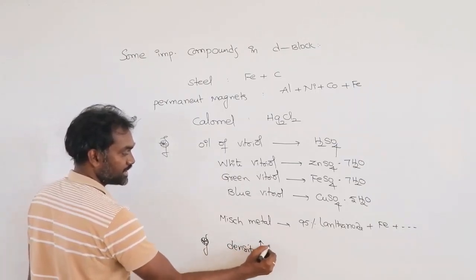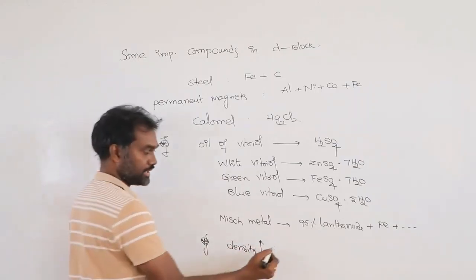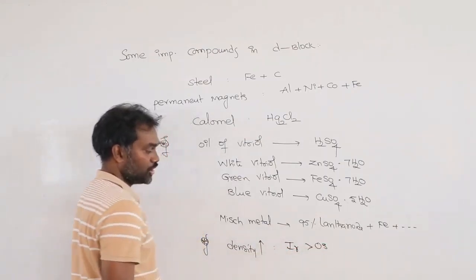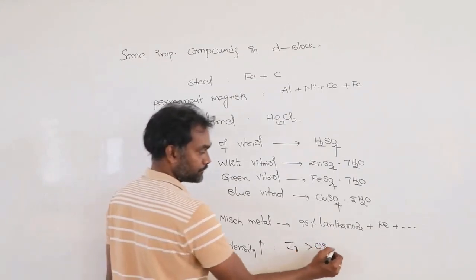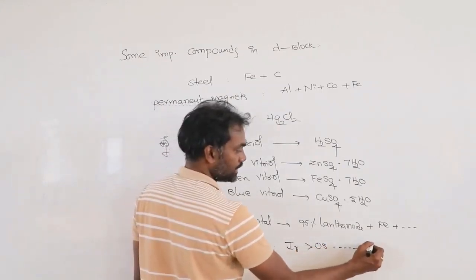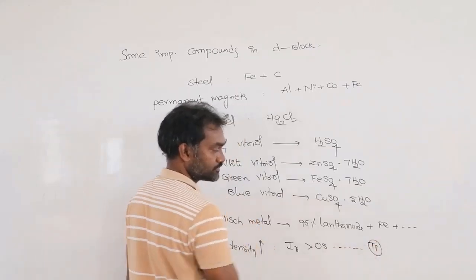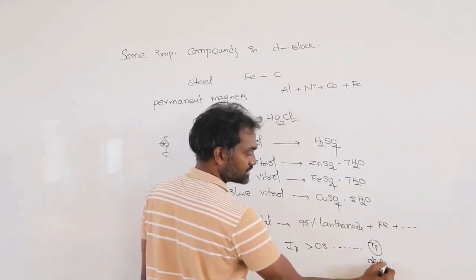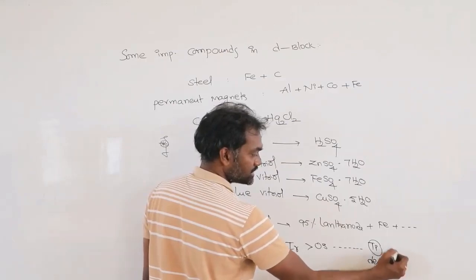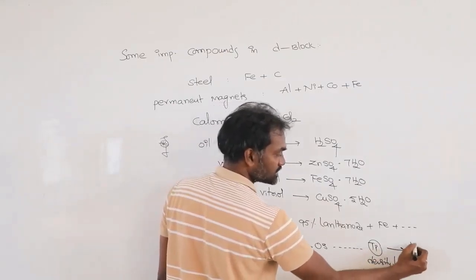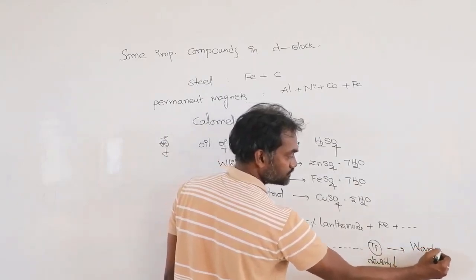So highest density element is iridium. After that osmium. So least density means titanium. So density least, melting point is highest. So that's why it is called as wonder metal.